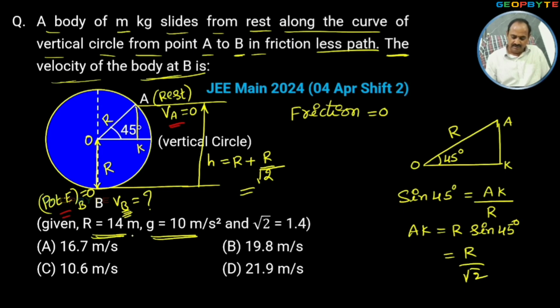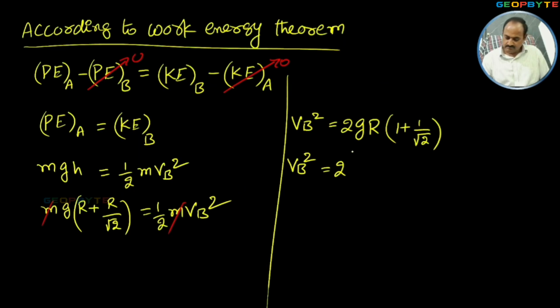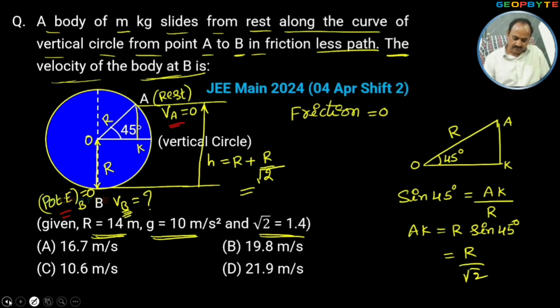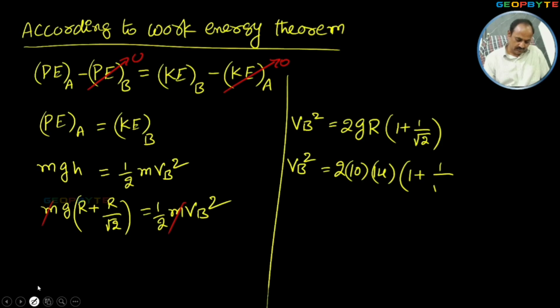R value 14 meters. Root 2 value 1.4. Into 1 plus 1 by root 2, with root 2 value given as 1.4. Listen carefully.